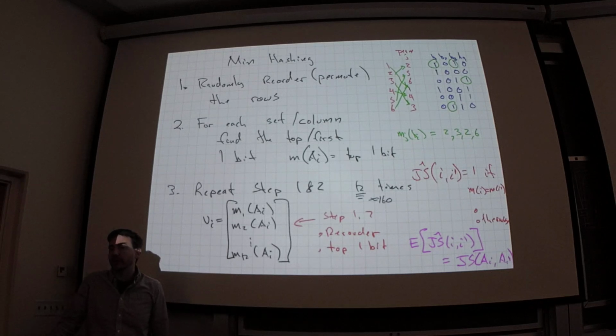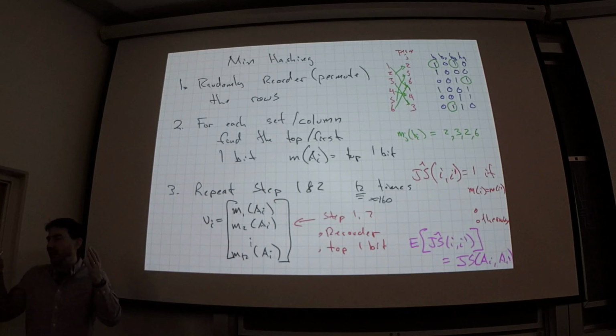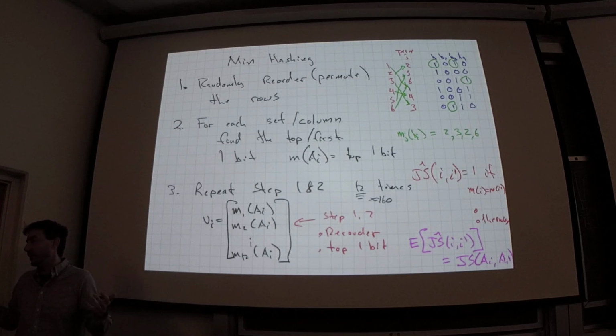But the problem is with things like text strings for k-grams. What if I pick x, g, y? That probably never shows up in any of the documents I have. So I'm going to keep getting these things that don't show up anywhere.